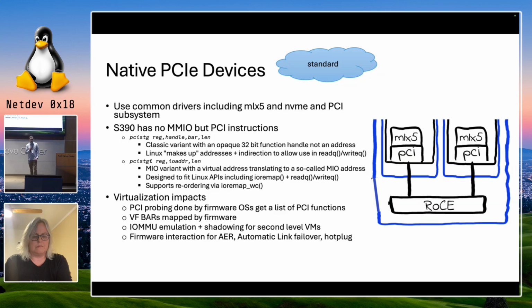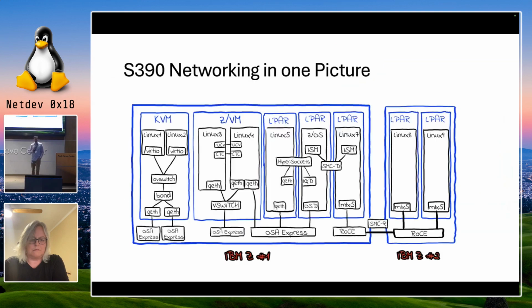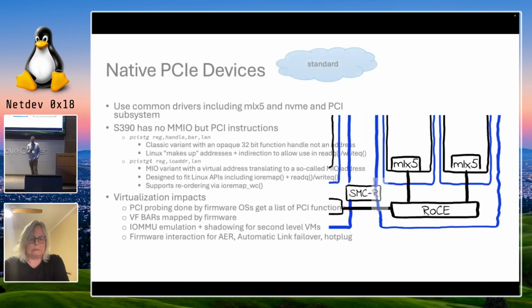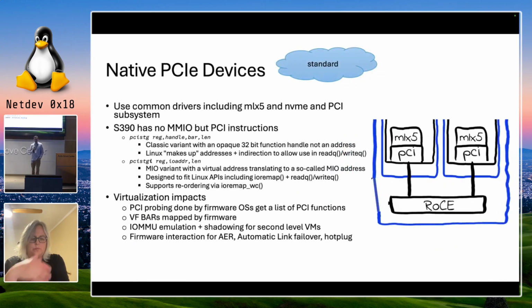We also have the VF BARs mapped by firmware, similar to what other hypervisors will do, so that you can use a VF on its own. The right picture, those are VFs, so it makes sense that they can be used on their own. And we also always have an IOMMU in all instances of Linux, be that in a z/VM guest, KVM guest, or on LPAR. And we have firmware interactions for various things.